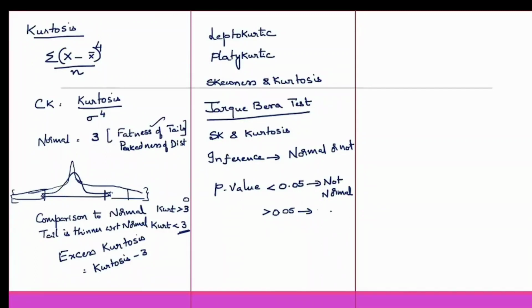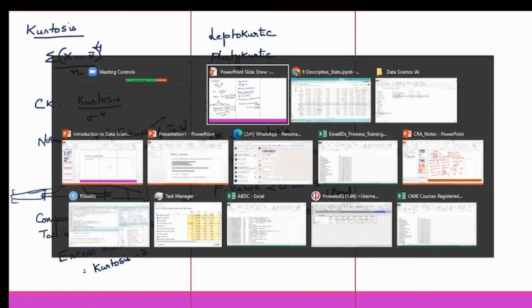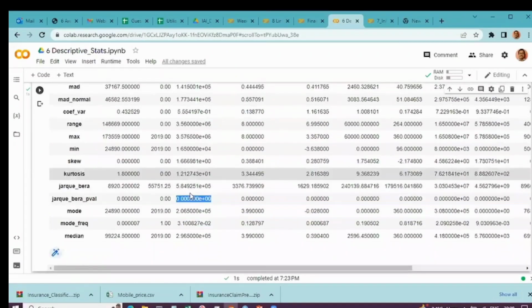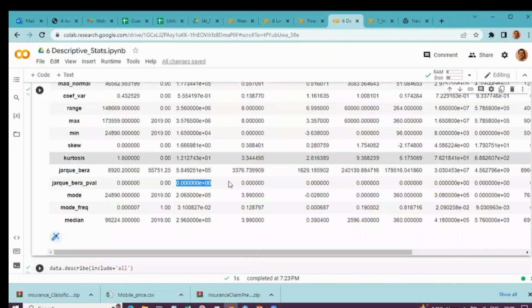So you would typically consider that the data is almost close to normal. That is what we typically see as part of the descriptive statistics. And we could clearly see that most of our variables are not normal.